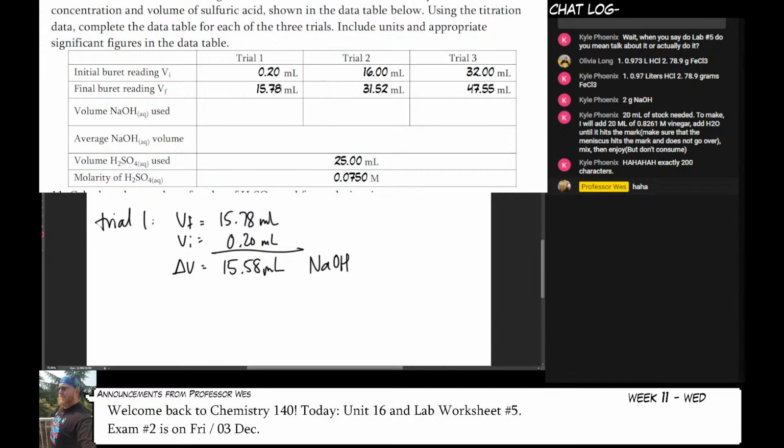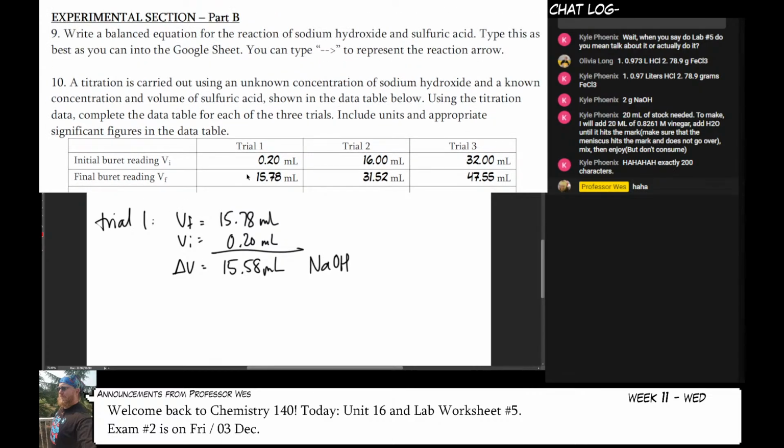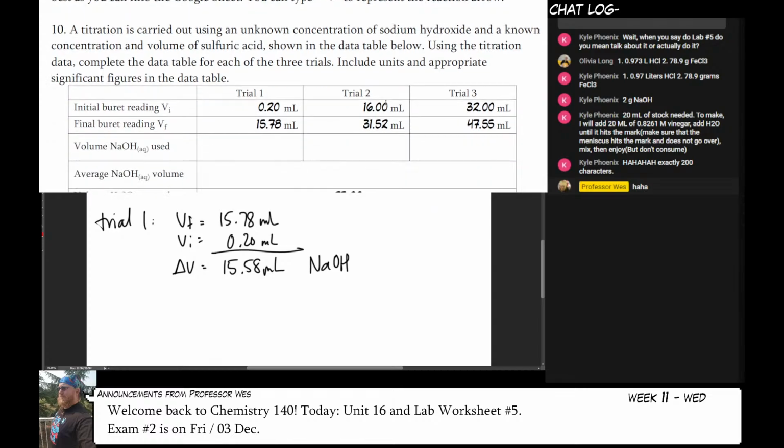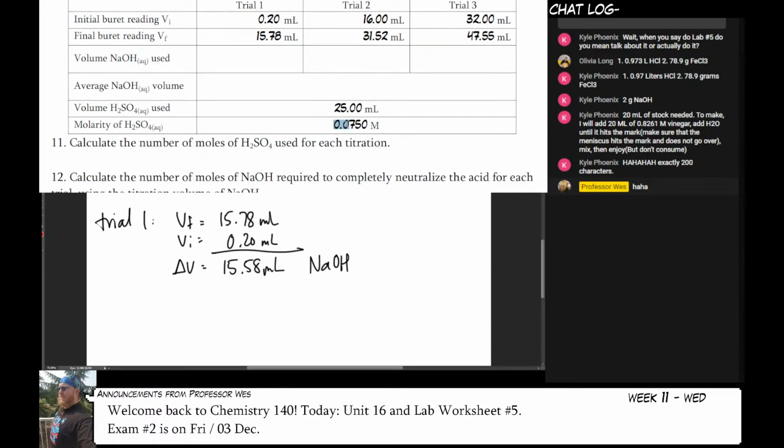The next step that we're caring about is calculating the molarity of the sodium hydroxide. The reason that we're doing this is because in this experiment, for the first part of part B, you are going to react sodium hydroxide and sulfuric acid. And you are going to use a known concentration and volume of sulfuric acid.